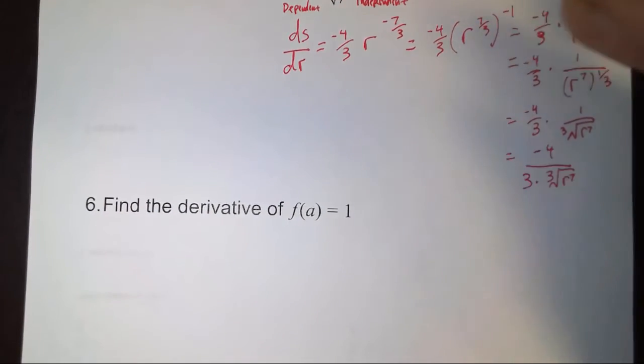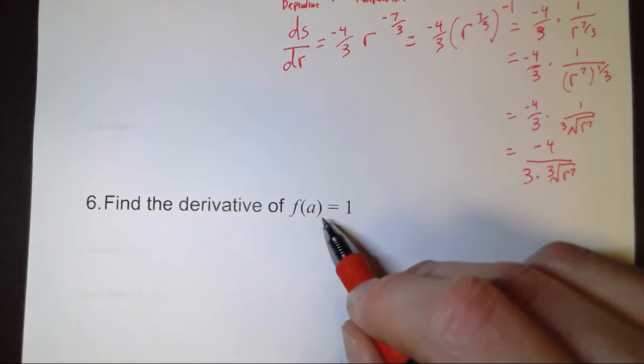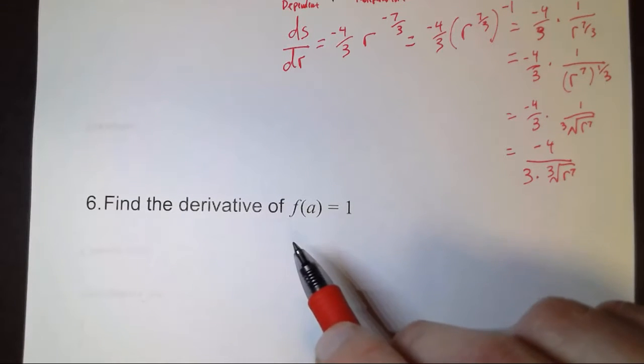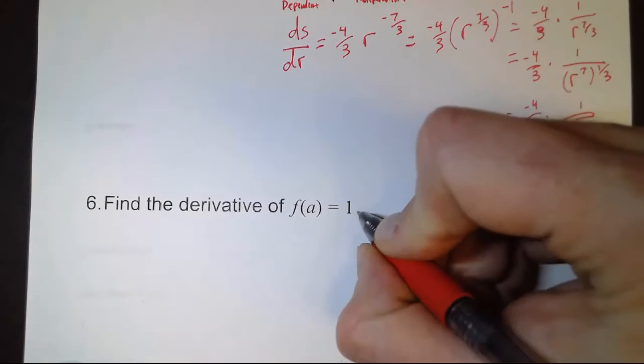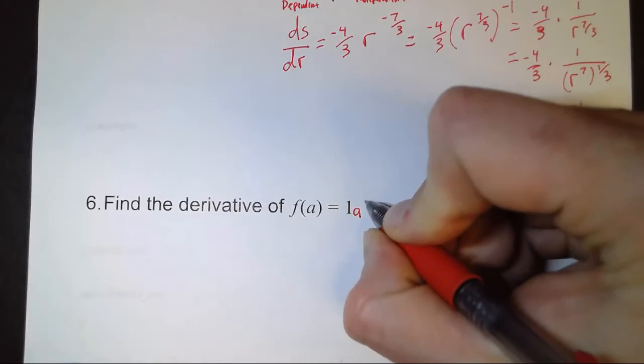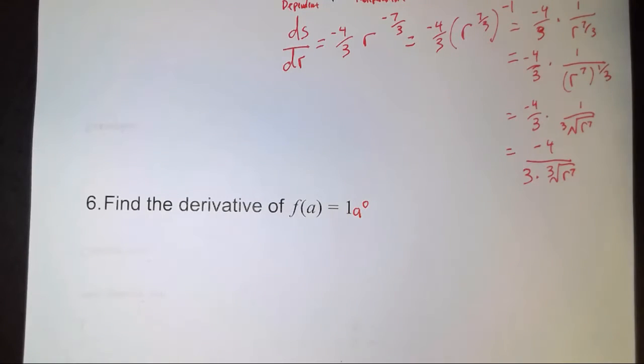Now looking at example number 6, here we have f of a equals 1. Now it's saying that a is our variable, but it's not present. What does that mean? Well, that means that we have a raised to the 0 power, because anything raised to the 0 power is really just 1.